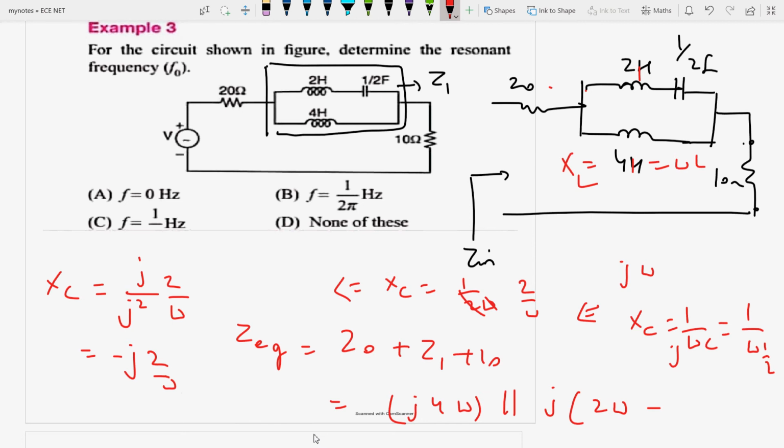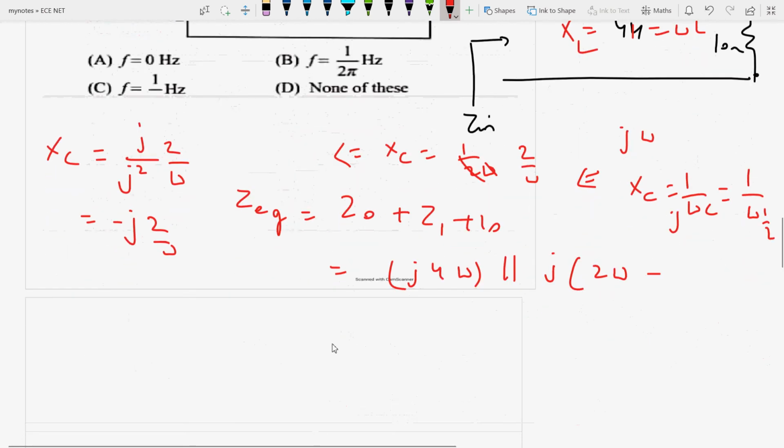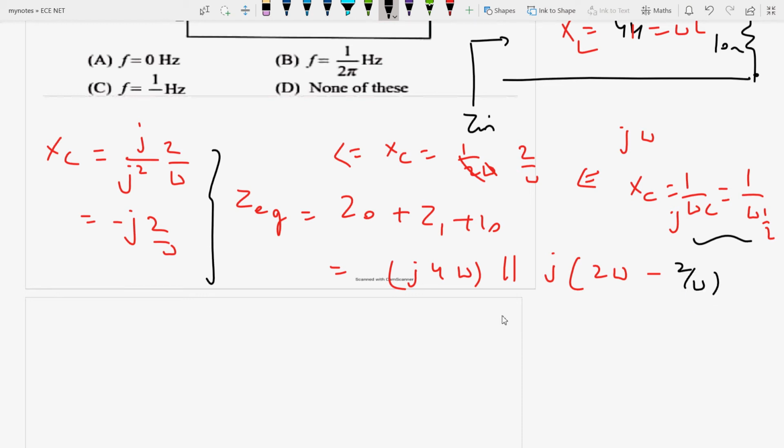So as you can see, this will be minus 2 by omega, and then just calculate it.